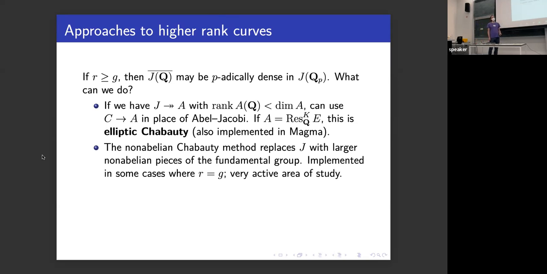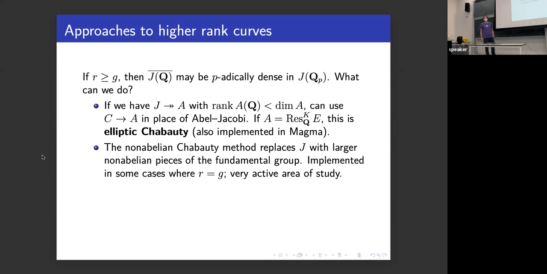Another method, which I'll just say in this one line, but this is something that I also work on, is the non-abelian Chabot method. This was originally due to Minhyong Kim, and it's been worked on and refined by many other people. And the idea is that if you replace the Jacobian with some object that comes from a non-abelian piece of the fundamental group, then you can get further and you can deal with curves of higher rank.